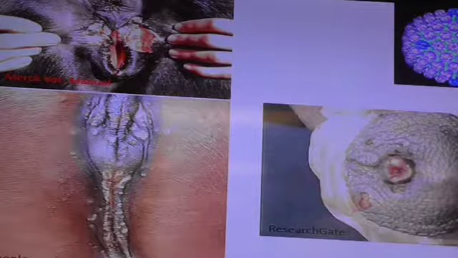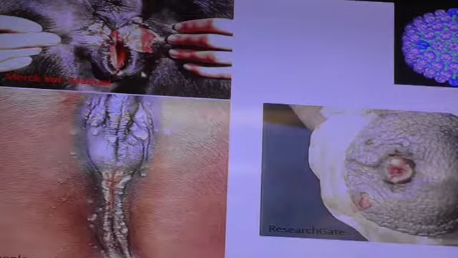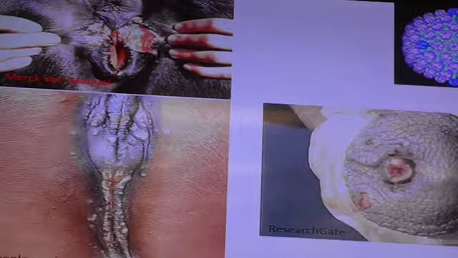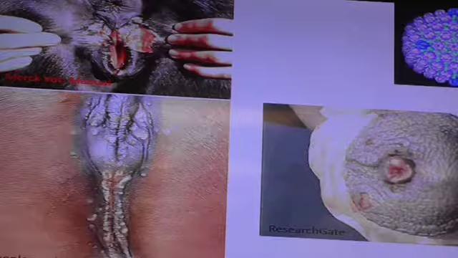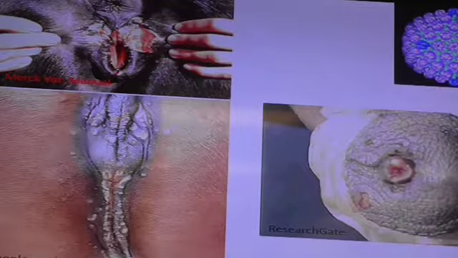Okay? So basically this virus infects the genitals, the vulva, and part of the vagina, as well as the penis in the male.